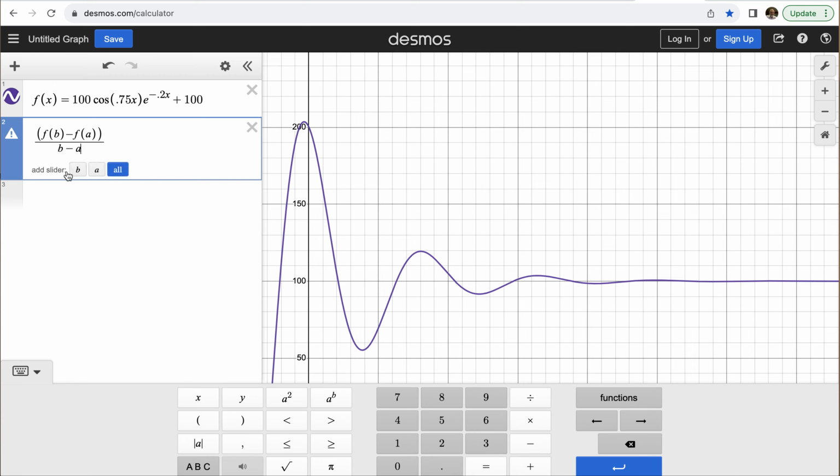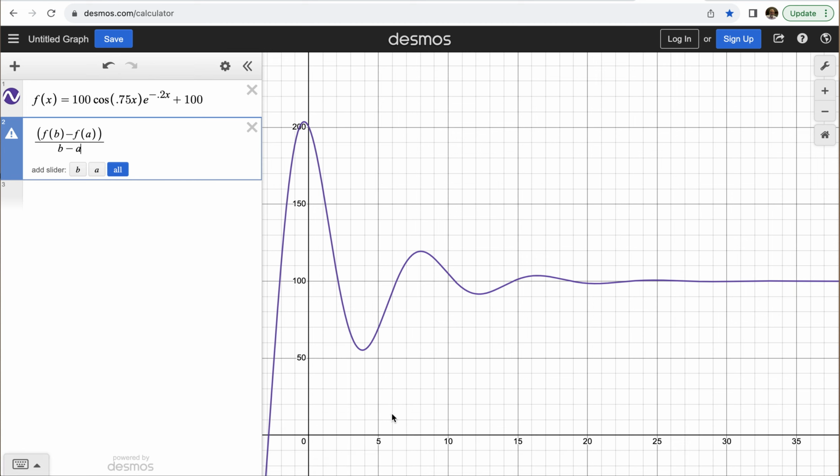Now what it's asking me here is, do I want to put something in for the b and the a? So let's say I was trying to find the slope at 2. 2 is about here, so I'm looking for the slope right about there. That's close to the point, but I want the slope.